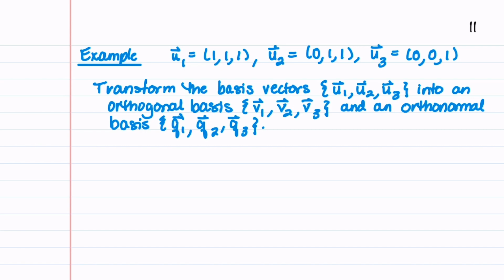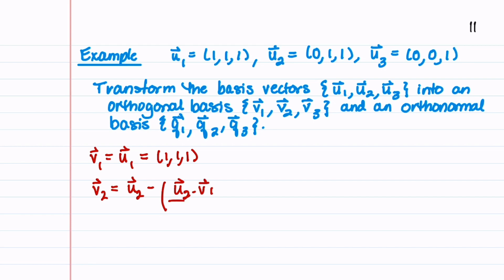We'll begin by letting v1 equal to u1, and this is equal to 1, 1, 1. v2 is equal to u2 minus the quantity u2 dot v1 over v1 dot v1, times v1. This becomes 0, 1, 1 minus u2 dotted with v1. Let's make a note. This vector is also v1.